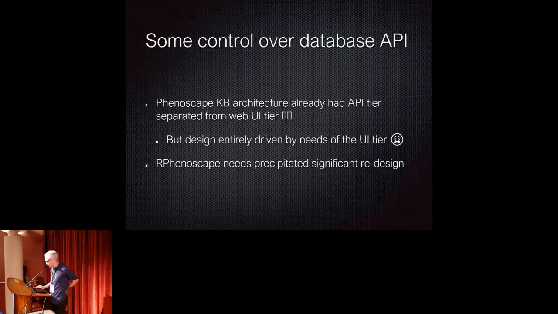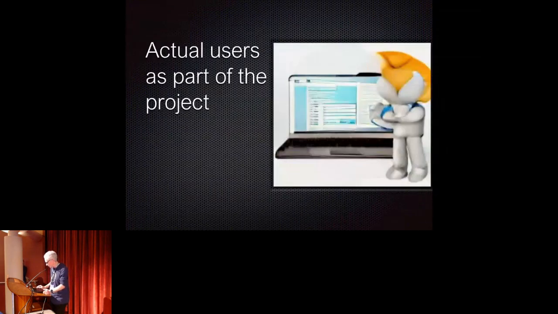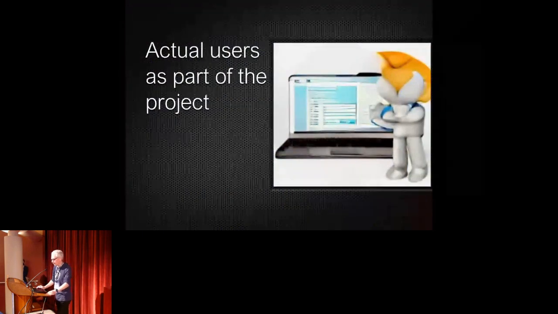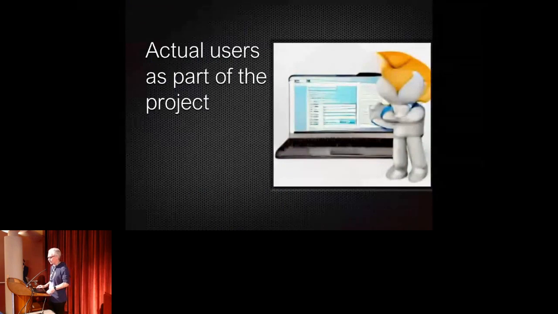So some control over the database API also proved useful, and I think I'm about at the end of my time here, and finally, actually, users as part of the project, right? Really important, rather than trying to develop for hypothetical users.